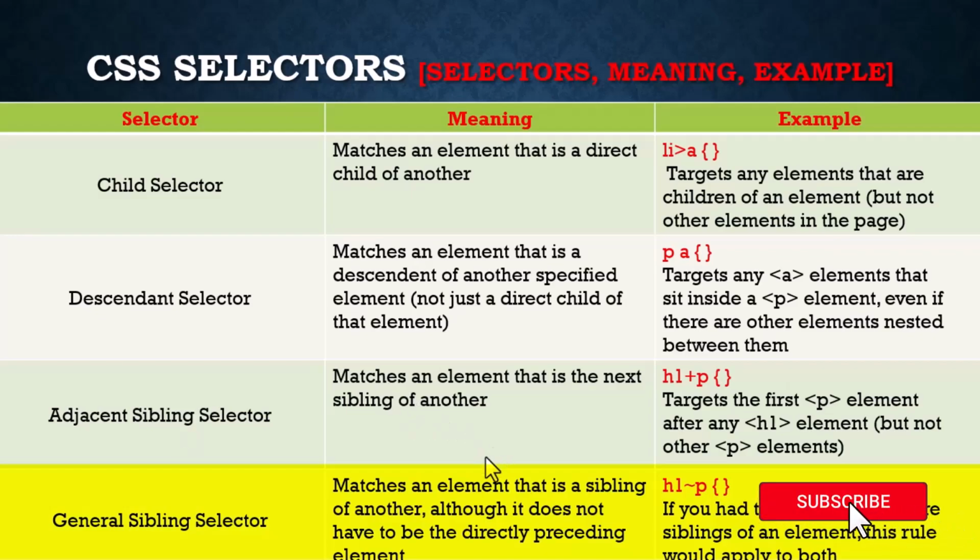So if I want the first paragraph after a level 2 heading, I'll do H2 plus P. So that's how this adjacent sibling works, and the general sibling applies to what? Let's say all the siblings within a particular element.